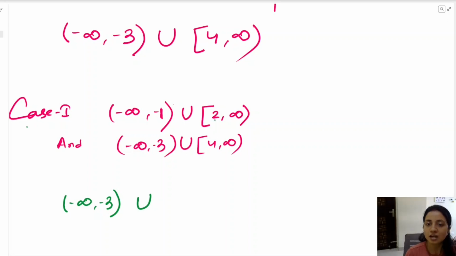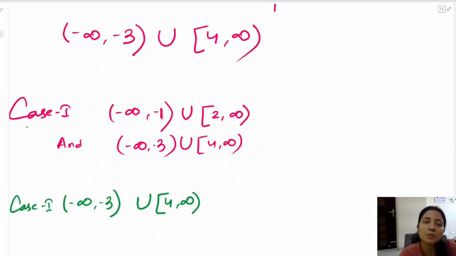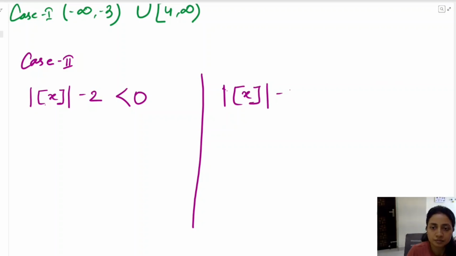Union, this starts from 2 and goes till infinity, and the other one starts from 4, so we'll be taking 4 to infinity, only the overlapping region. This is the final solution for case 1. Now we need to solve case 2 in a similar manner.